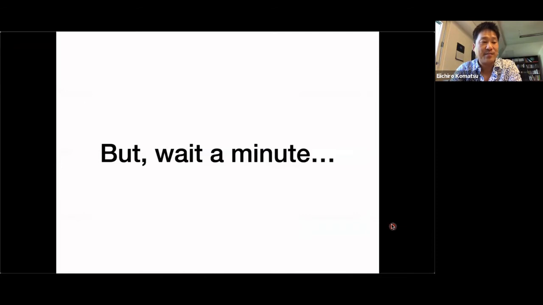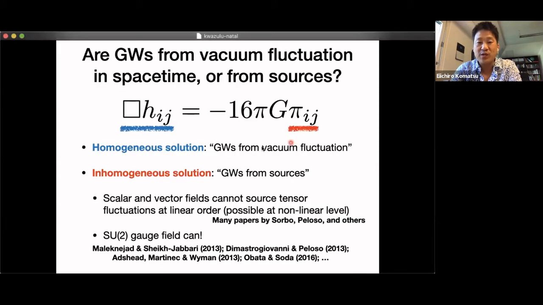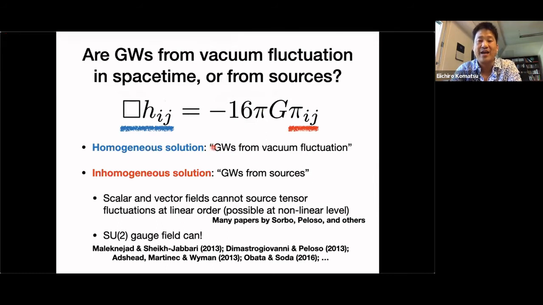Differential equations have two parts, homogeneous solution and particular solution. And so far, we ignore the right-hand side of the Einstein equation, the source. We set the right-hand side to be 0. And we only look at the homogeneous solution. Now, if you only look at the homogeneous solution in math class, differential equation, you will fail, right?